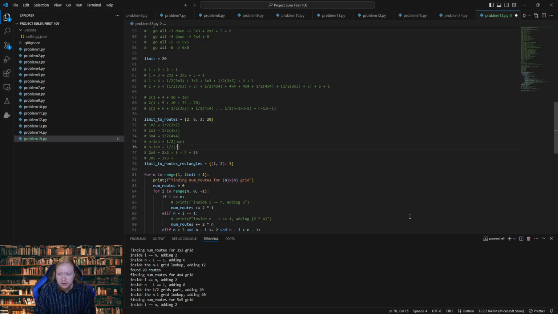That was a 3. I did not mean to type a 3. N minus 1 by n plus n. Let's see if I'm right here. So if a 3 by 5 is equal to half of a 4 by 5 plus 5.